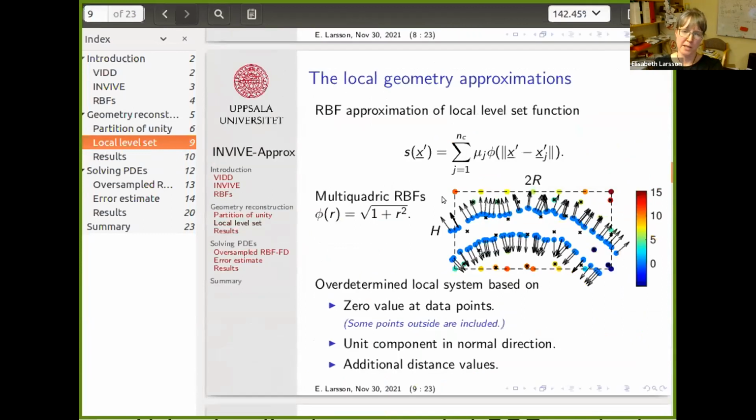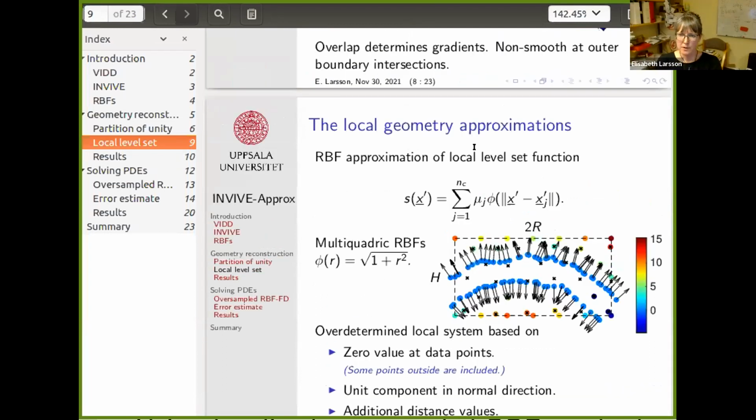So the problem here that you see for the geometry is also oversampled because we have more data than we have basis functions. But in oversampling, as far as I understand, maybe I'm mistaken, you shouldn't have these overlapping problems, or not? Sorry? I mean, you can oversample anything.